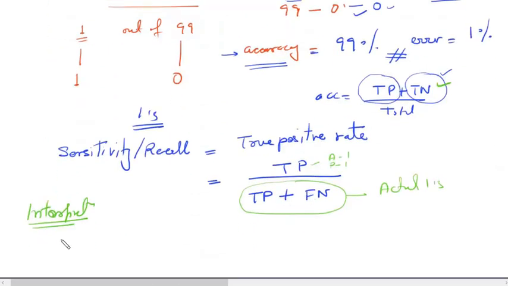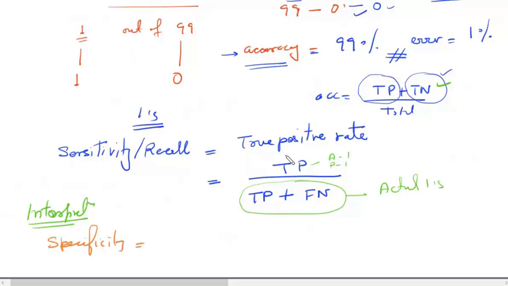Similarly, we have another parameter called specificity. So specificity is the opposite of sensitivity. It gives emphasis only on the ones, only on the zeros, sorry. So this measures only the zeros.